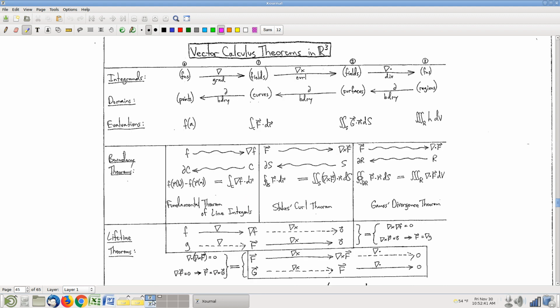So, for example, if you've been asked to compute a flux, maybe Stokes' curl theorem, maybe Gauss' divergence theorem, but definitely not the fundamental theorem of line integrals. So don't play around with trying to find an anti-gradient. Everybody see the point there? Anti-gradient, if you're computing a flux, who cares?